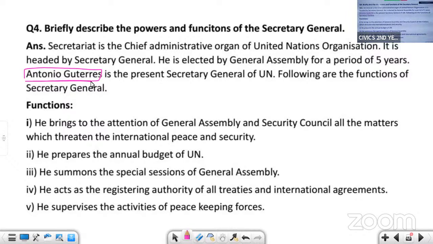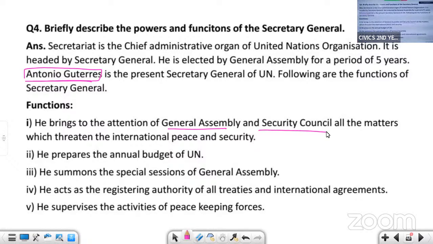So if there is any matter related to peace and security, which is threatening the peace and security, then such matters are brought into the notice of the General Assembly and Security Council by the Secretary General.